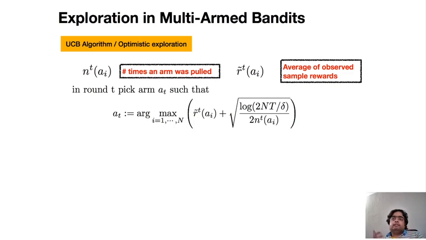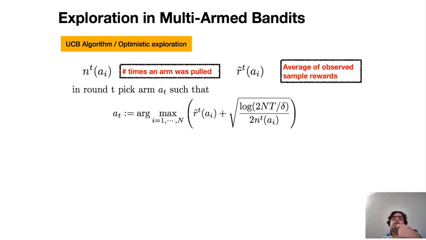Now, the UCB or optimistic exploration algorithm says that in round t, you should pick an arm a_t such that a_t is the argmax of the sampled reward R tilde t of ai plus a bonus term, which is given by this complicated expression you see on the slide: the square root of log(2NT/delta) divided by twice the number of times you've seen the arm pulled.